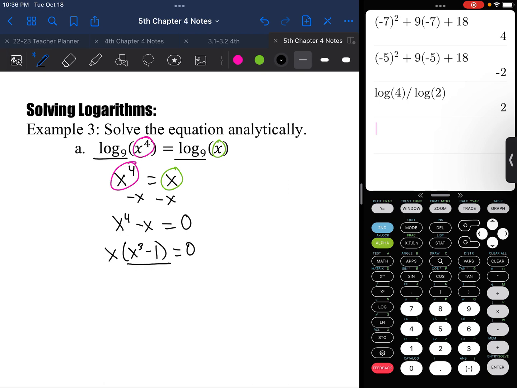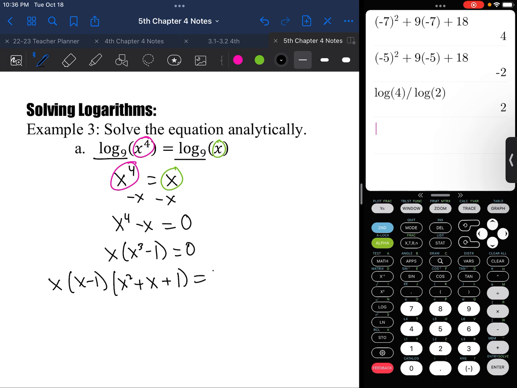And then this actually factors. That's a difference of cubes. So the difference of cubes factors to the cube root of the first one minus the cube root of the second one, times the cube root squared of the first one plus the cube root of the first one times the cube root of the second one, which will be plus x, and then the cube root of the second one squared, which gives you plus 1.